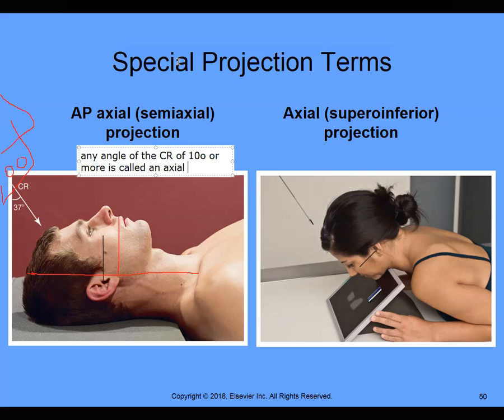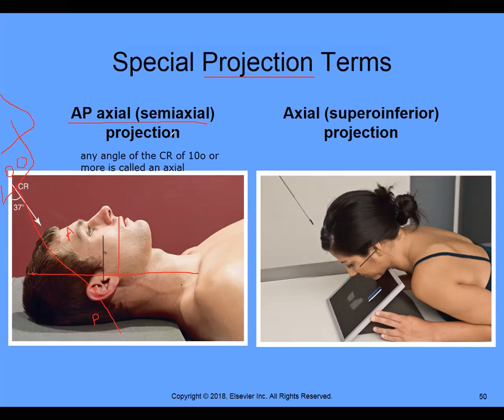In this case, not only is it an axial projection, now we need to identify, is it entering anteriorly or is it entering posteriorly? Because remember, now we're back to projection. This is anterior, the front of the head, and this is posterior. So if this arrow indicates that this is our X-ray, it enters anterior and exits posterior. So that's why they're calling it an AP axial projection.